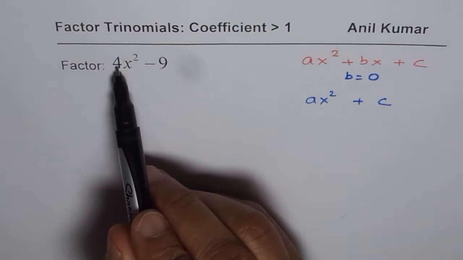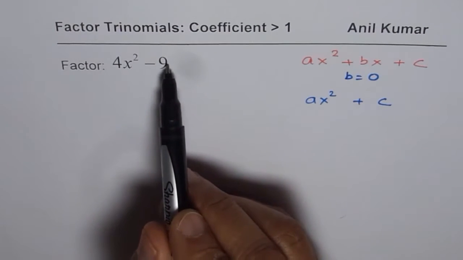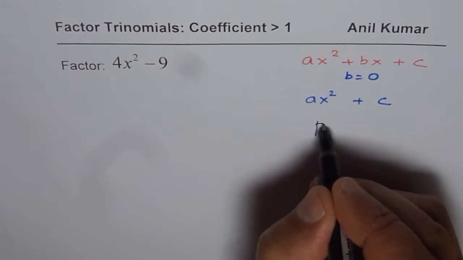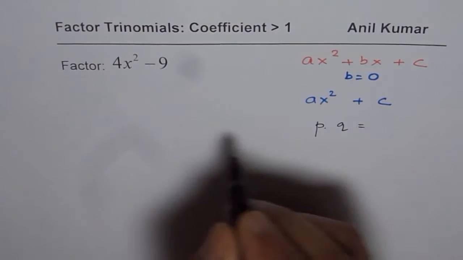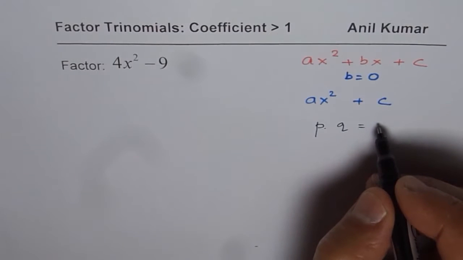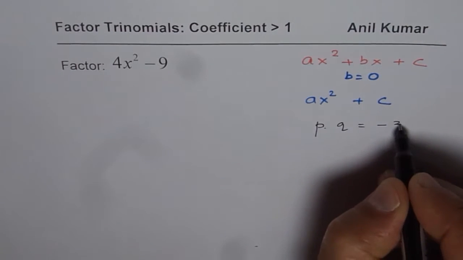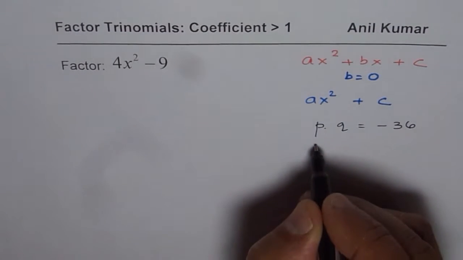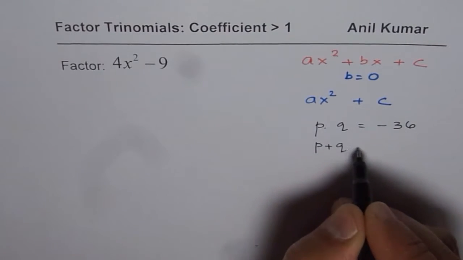In this case, 4 times minus 9. So we're looking for two numbers p and q whose product is 4 times minus 9. 4 times minus 9 is minus 36. And what should be their sum?